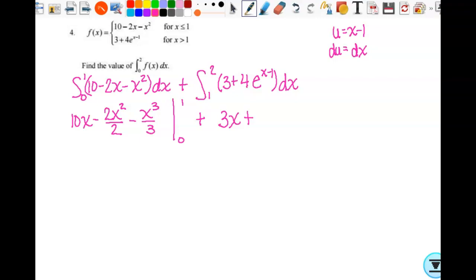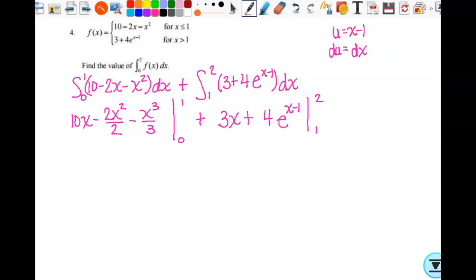So that would give me 4e to the u du. What would that integrate as? 4e to the u, right? And so it's really still just 4, and since there's not a number there, it's just plus 4e to the x minus 1 power. It's the same. Evaluate it from 1 to 2.